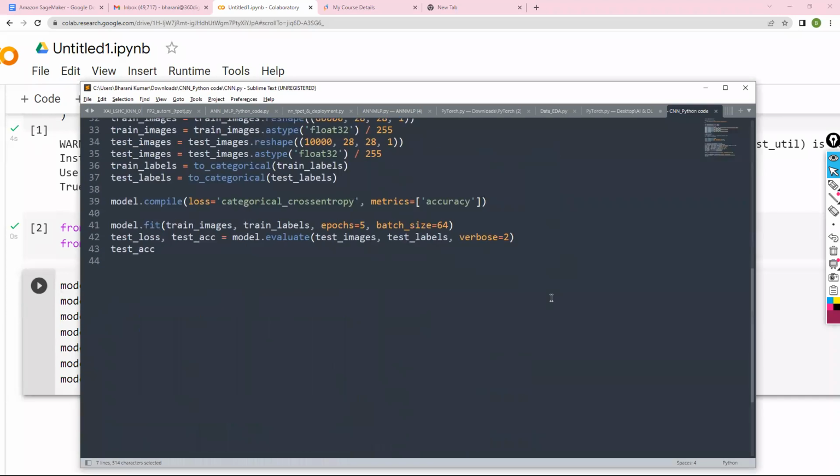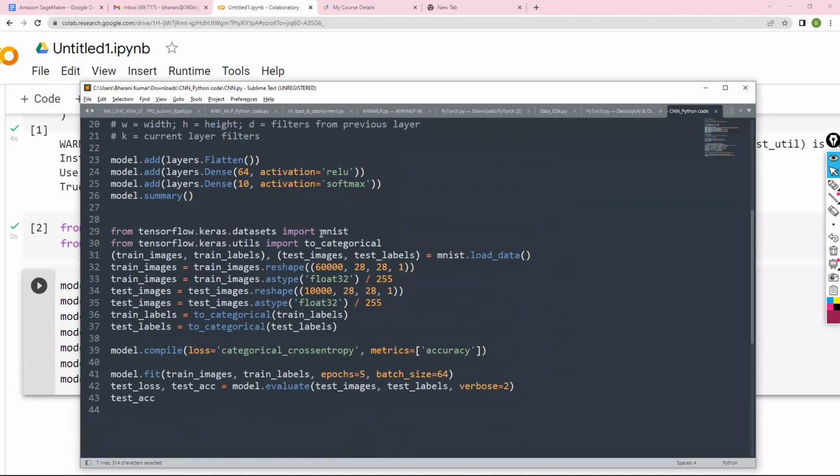Okay, we are going to deal with MNIST data set, which is a data set which contains handwritten digits. This MNIST data set contains a lot of handwritten digits, and MNIST stands for Modified National Institute of Standards and Technology.